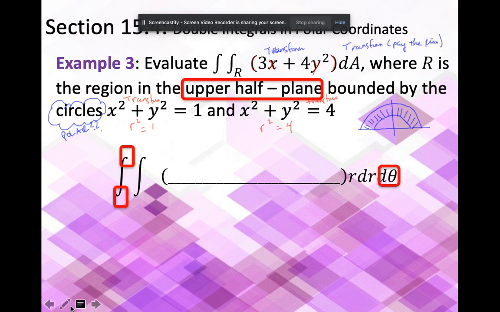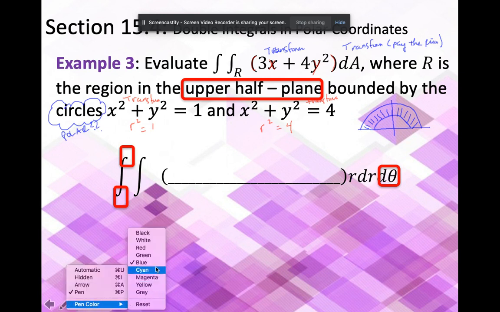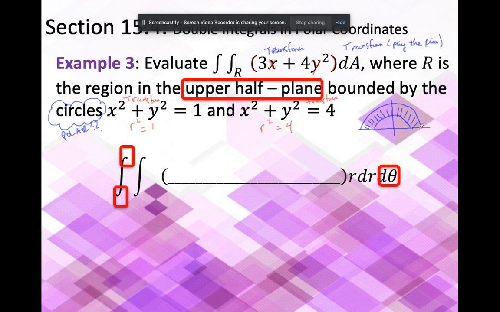So think about theta. What is my theta going to do? How are you going to radiate around? Right? For either one of these. Isn't it just 0 to what? Yeah. There's my thetas.